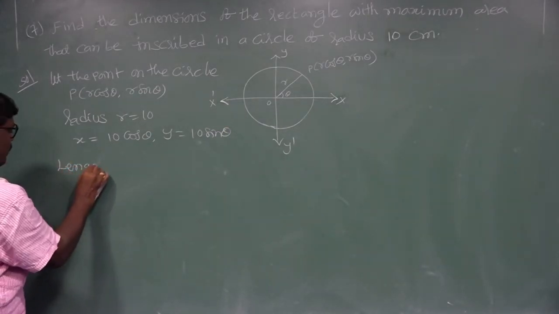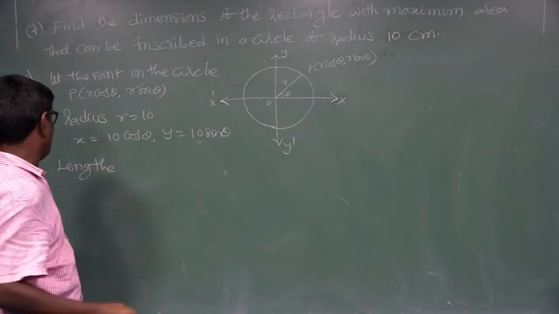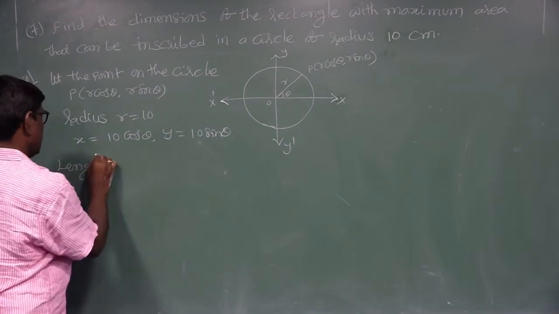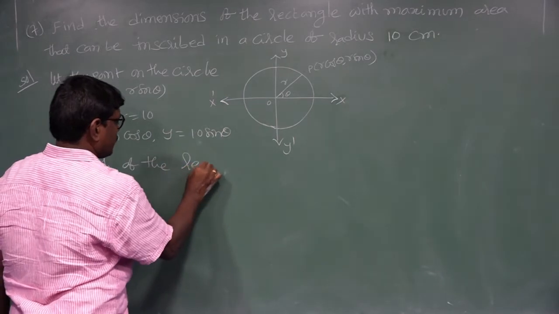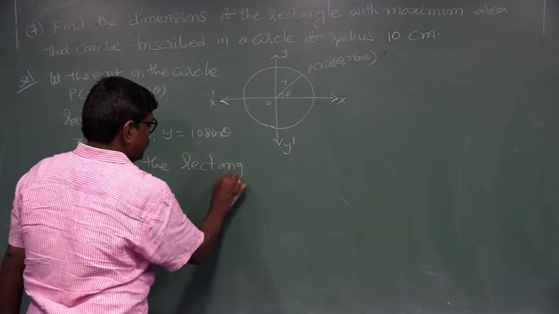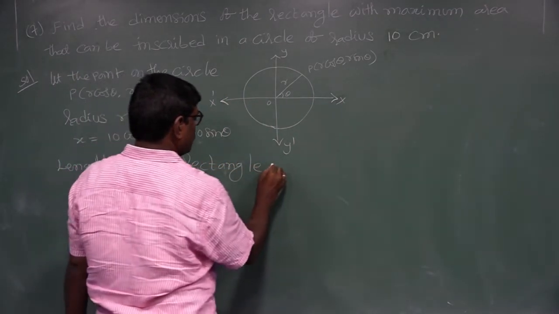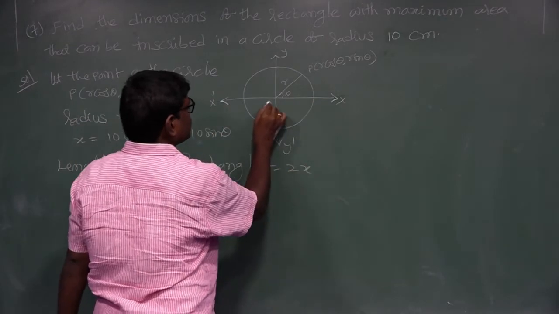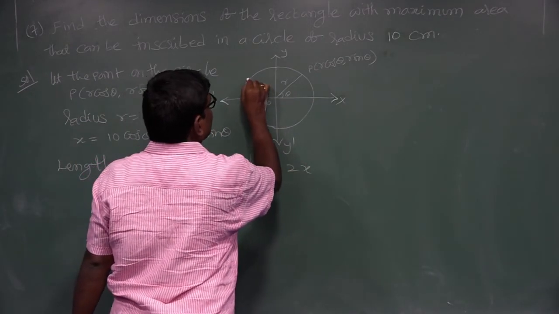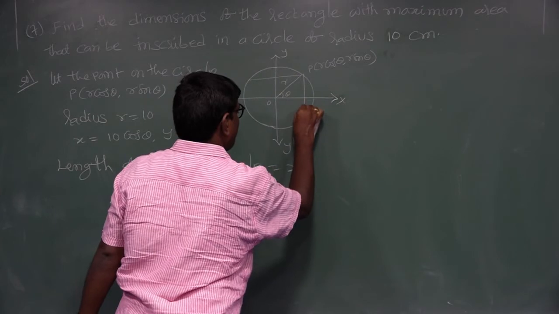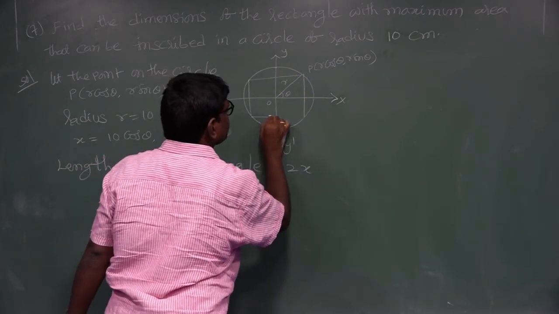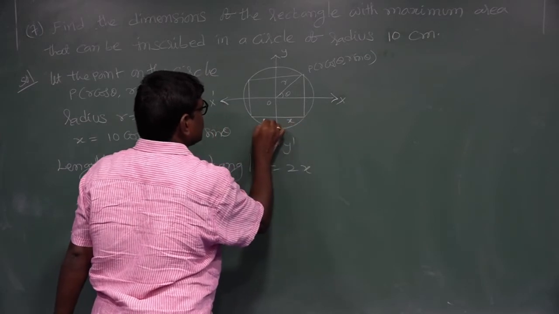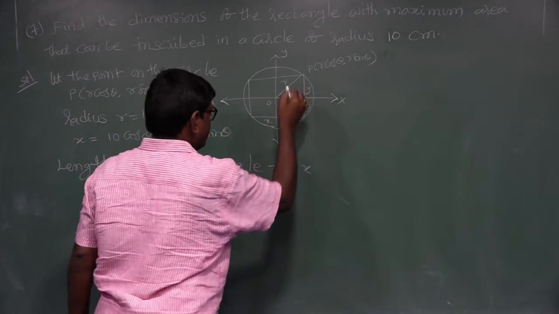Length of the rectangle equal to 2x. This is a rectangle inscribed. This is x, y.